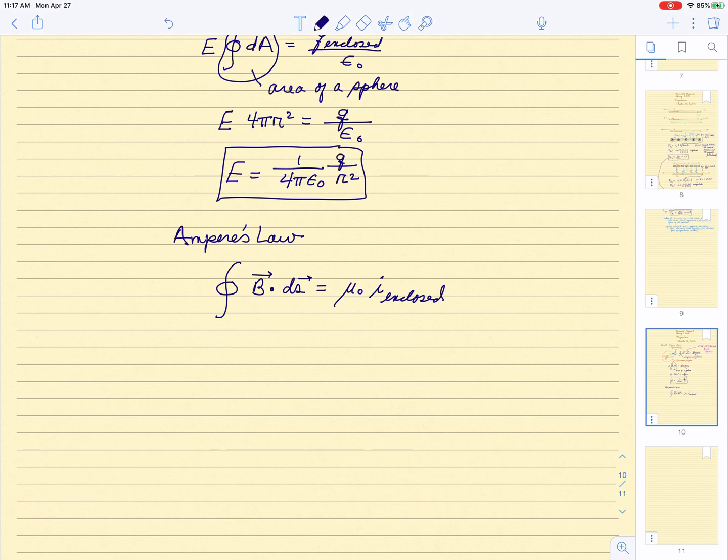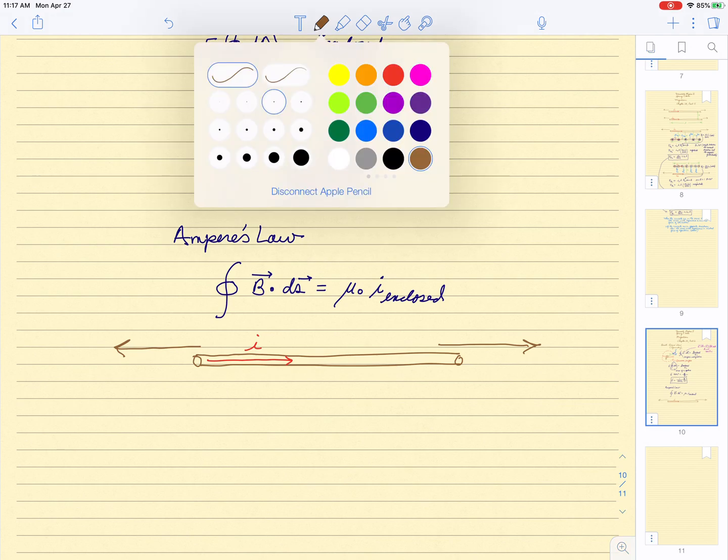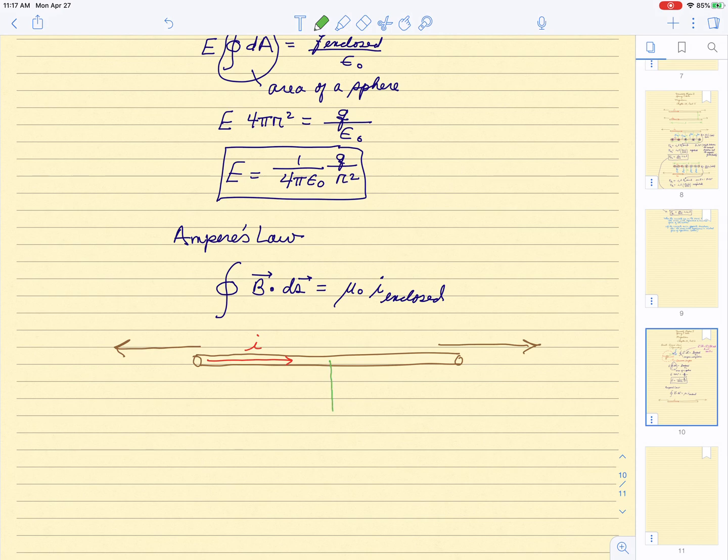Okay, let's see how that plays out now with just a current carrying wire. So going back to our example of here's a wire carrying a current. There's a current. Again, this wire extends pretty far in extent in both directions. And the question is what is the magnetic field some distance r away?